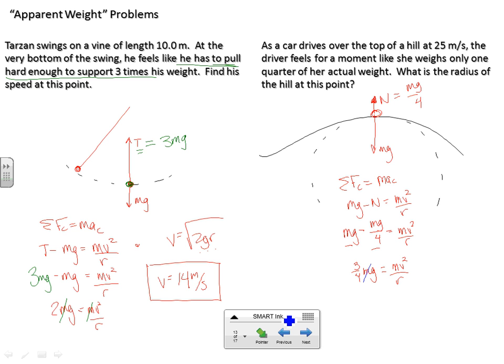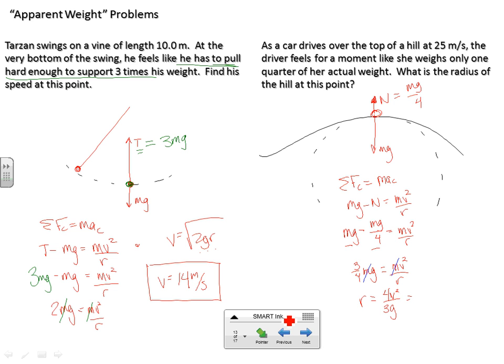Of course, mass doesn't matter. What's the radius at this point? So r is 4v squared over 3g. Yeah?